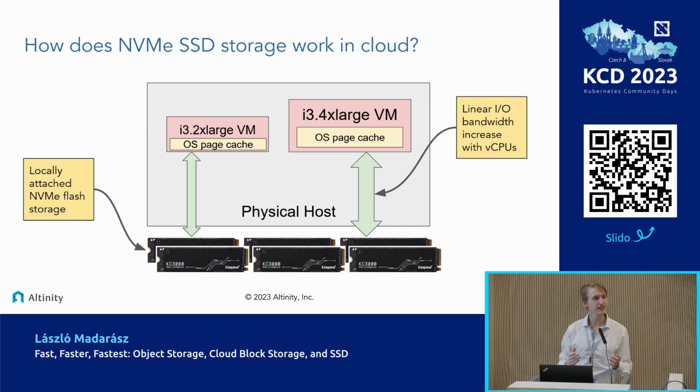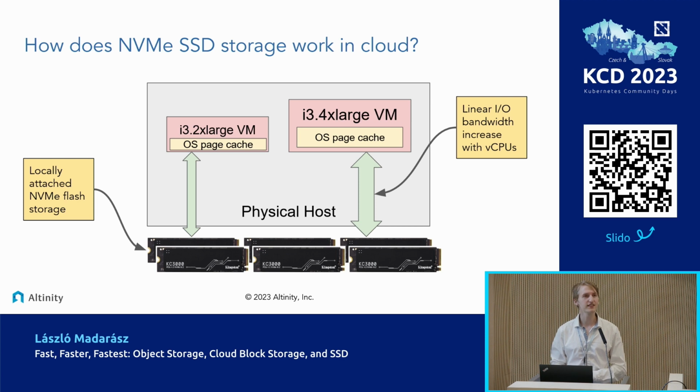Although it seems logical that you can only use part of the SSD, what can be surprising is that whenever you have a throughput, a bandwidth there, you also get only part of that bandwidth, because it is related to the virtual CPUs that you use.